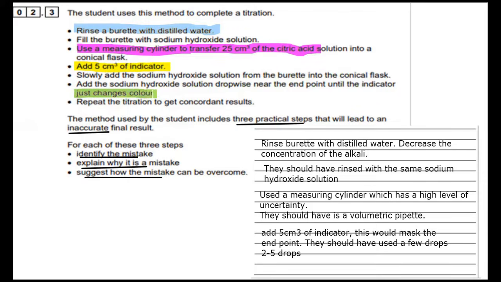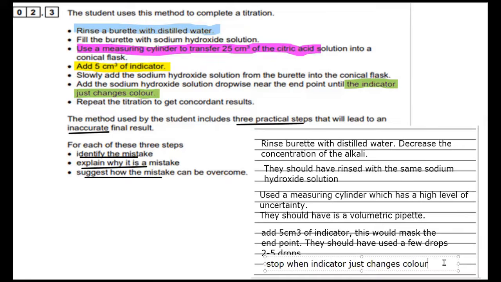Okay, if you were eagle-eyed, you could have a problem with this. Basically, they want you to stop as soon as the indicator changes color. Stop when indicator just changes color. That is a potential error there.